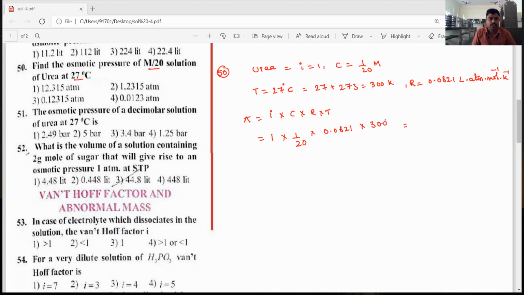On simplification we get 2.49. Sorry, the options are given in bars, so the R value in bar you have to take, dear students, that is 0.083 liter bar per mole per Kelvin. Now with 0.083 into 300, on simplification we get 2.49 bars. Okay, dear students.